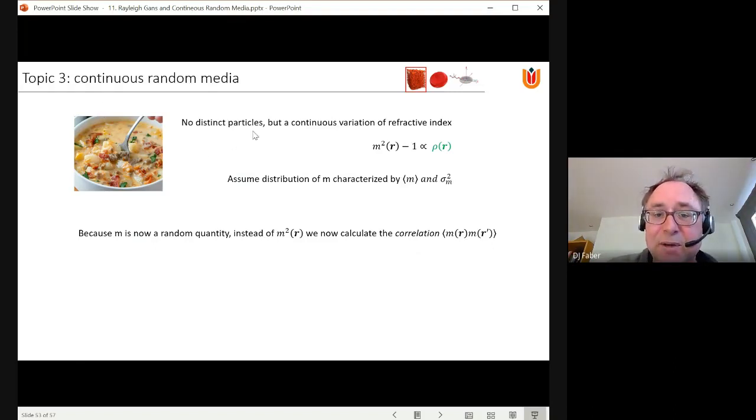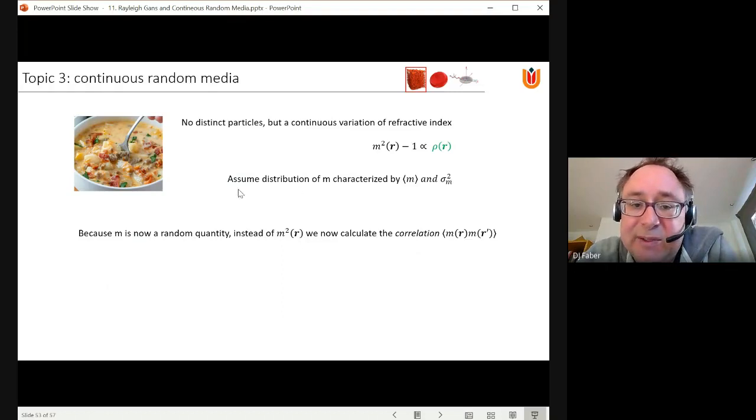So we have no distinct particles anymore, but a continuous spatial variation in the refractive index. So this m, the relative refractive index or refractive index squared, is proportional to the density. So that gives us a little bit of a link to the physiology: if tissue becomes more dense, which is one of the changes that can happen during disease progression, then we'll expect a change in refractive index.